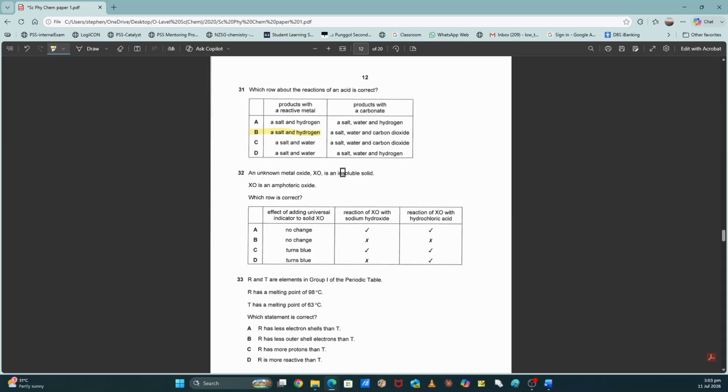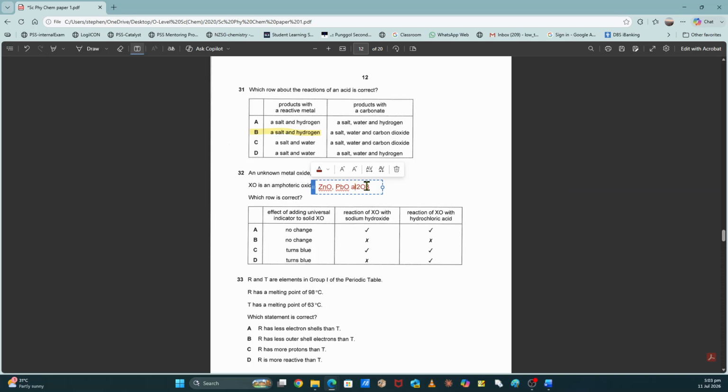And the unknown metal oxide is insoluble, is a metal oxide. It is an OA. Once I know it's amphoteric, I know the famous three, right? What are the famous three? Zinc oxide, lead oxide, and aluminum oxide.